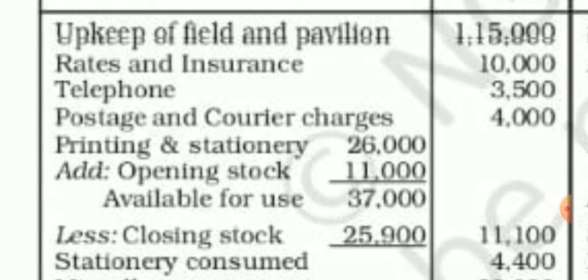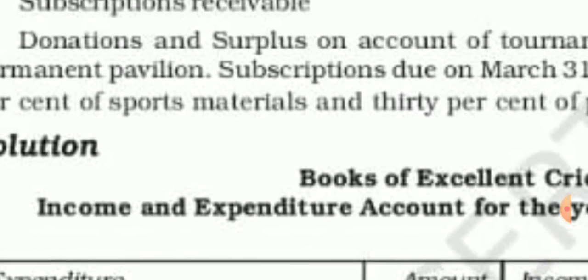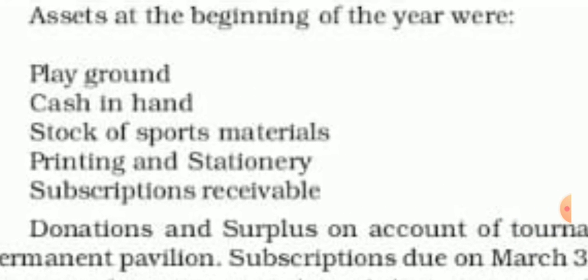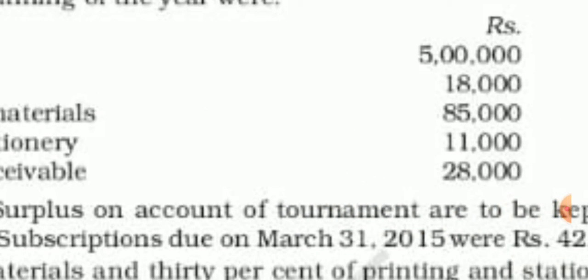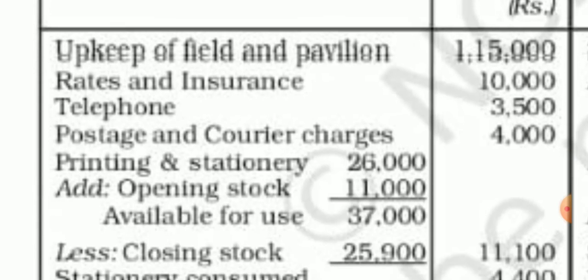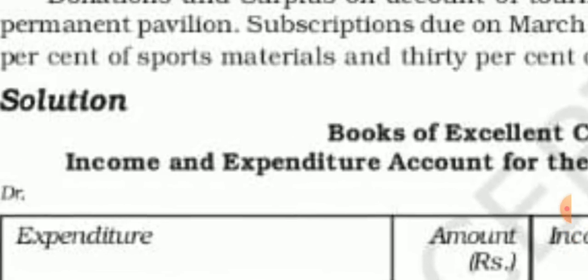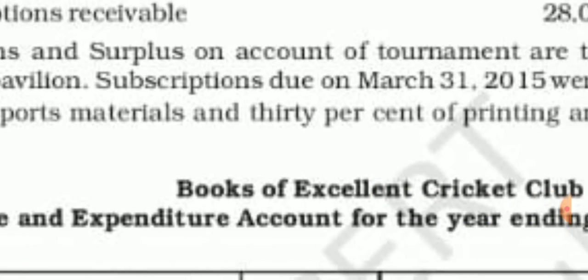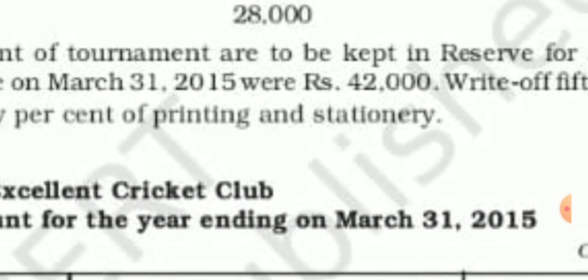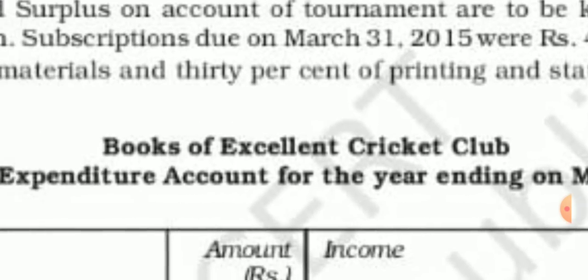Clear. Now next, printing and stationery 26,000 is given in the receipts and payment account, and in the additional information the opening stock is 11,000. Add opening stock 11,000, then available is 37,000. Then the additional information says 30% of printing and stationery is written off.